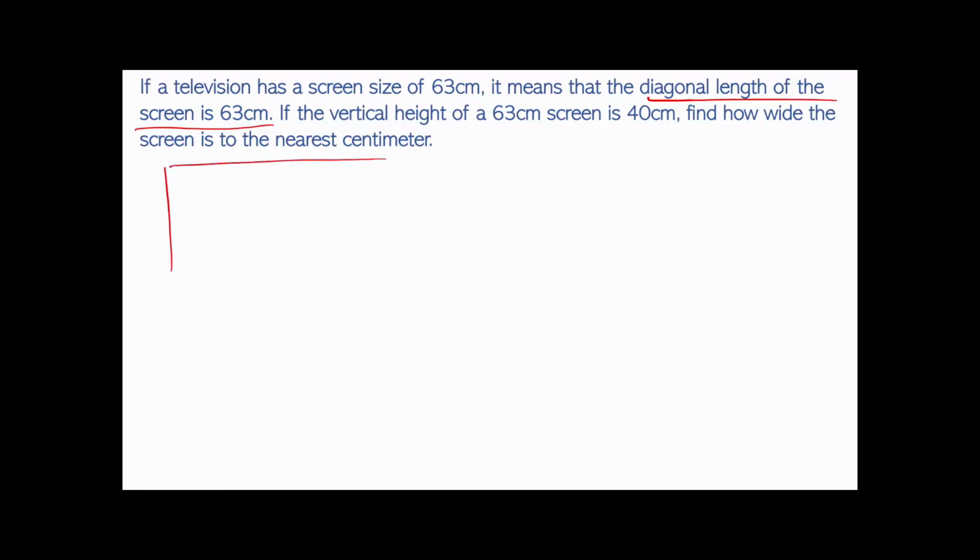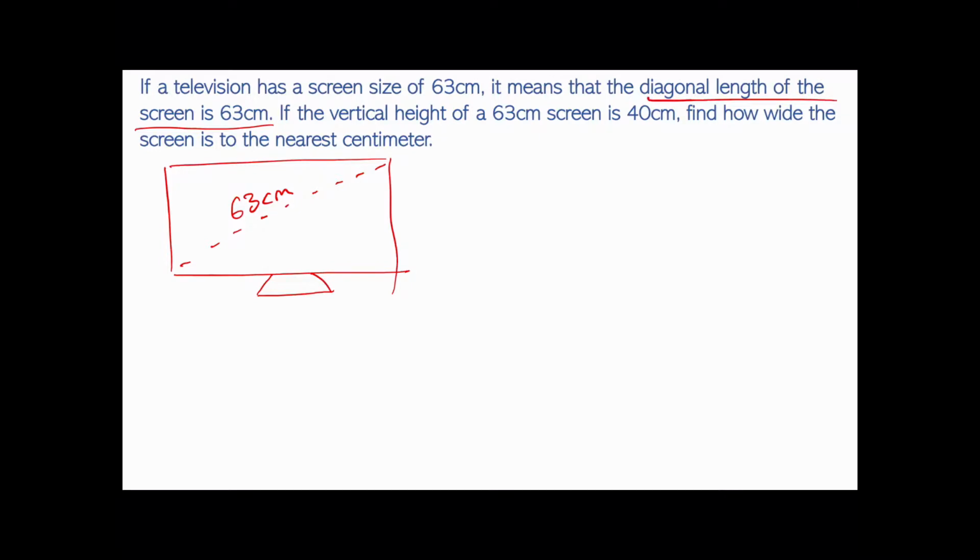So let's draw our TV. And we know that the diagonal length is 63 centimeters. And this is how they do measure screens. So if you go and buy a 60-inch TV, it's 60 inches from corner to corner diagonally.